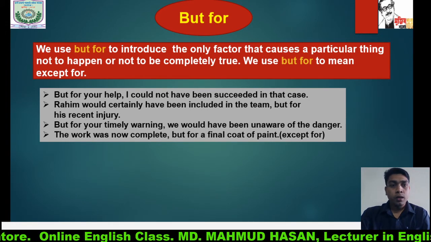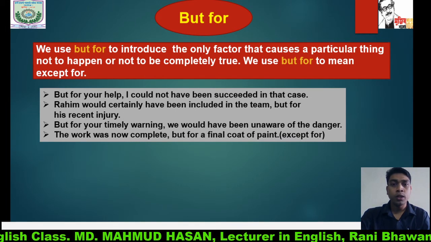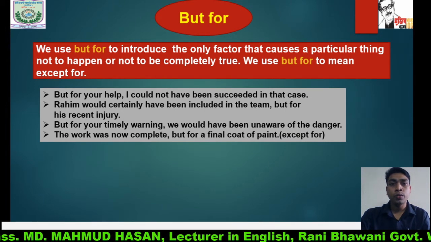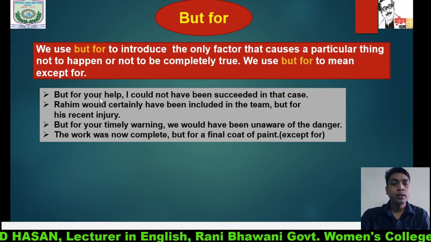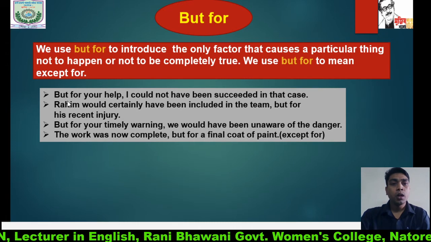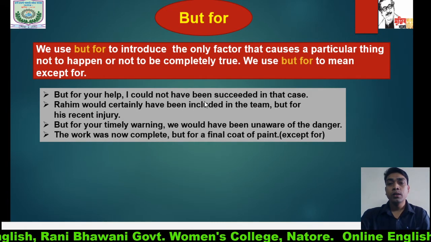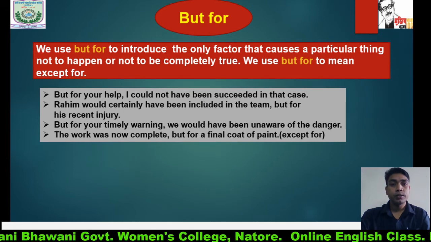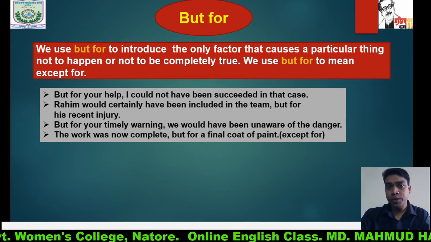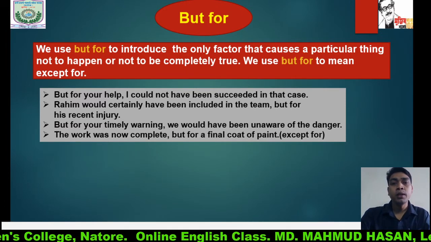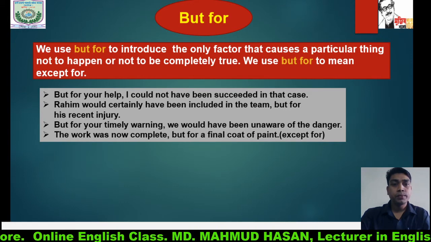Here are some examples, and these examples will make you clear regarding the phrase but for. But for your help, I couldn't have succeeded in that case. That means without your help, or except for your help, I could not have succeeded in that case.